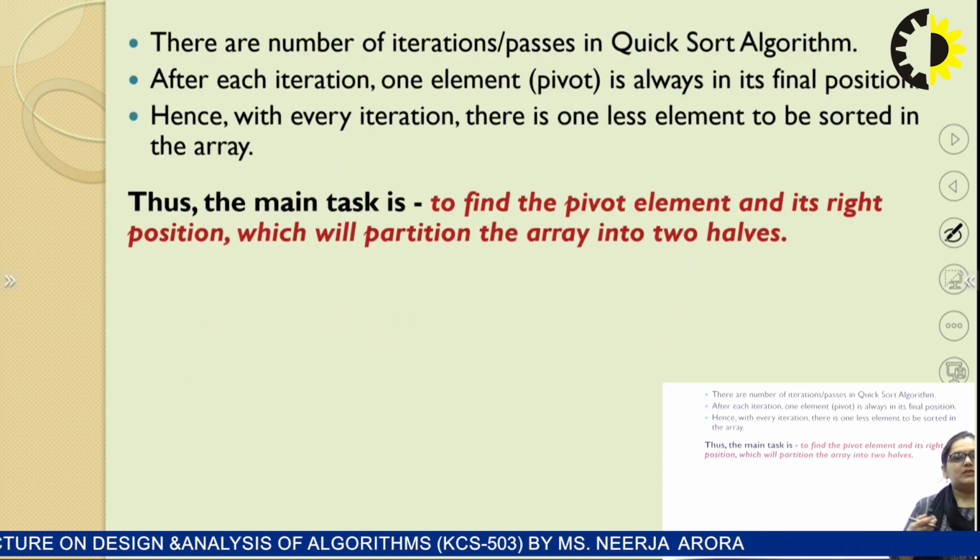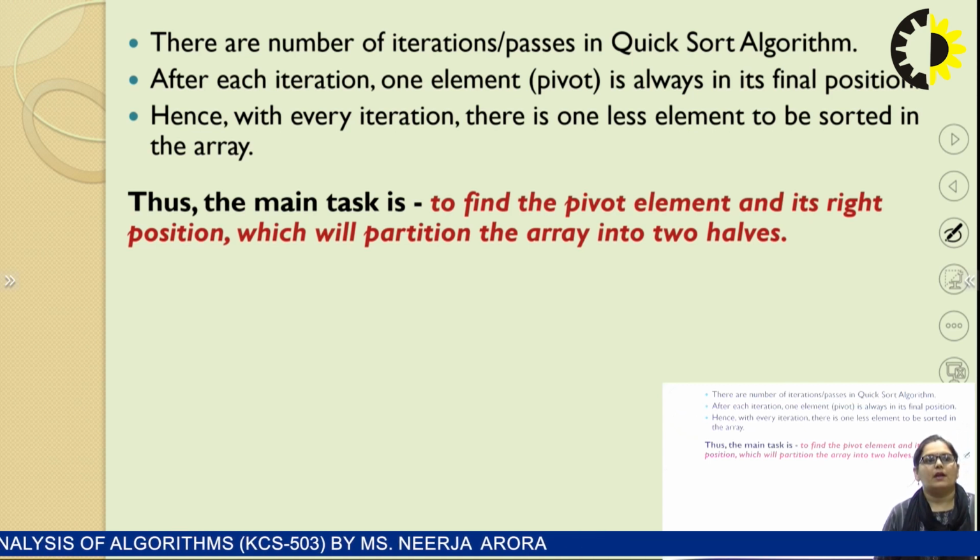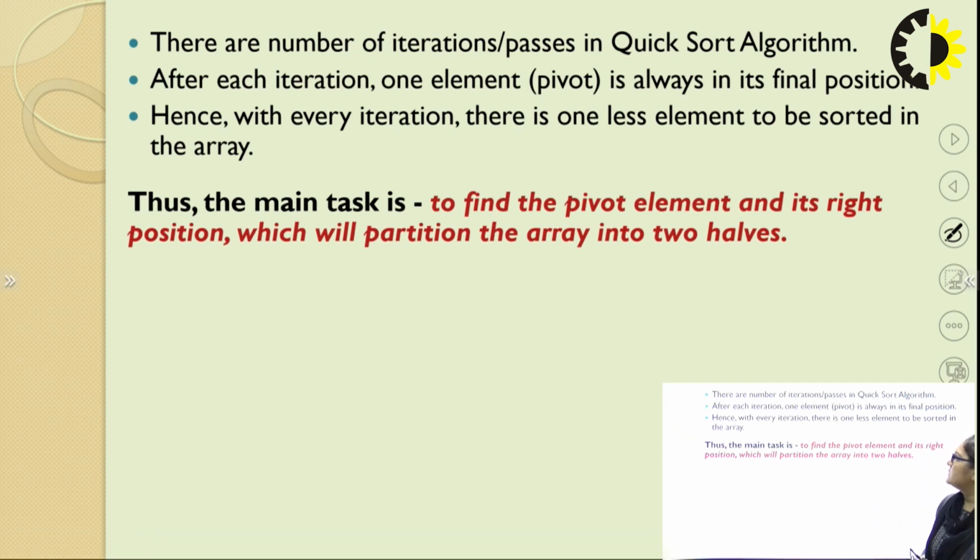So the quick sort algorithm, like other sorting algorithms, works in a number of iterations or passes, and after each iteration or pass, one element will reach its correct position. So after each iteration, the pivot element will reach its correct position.